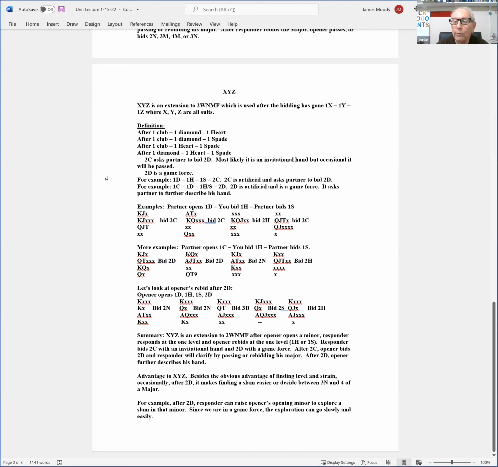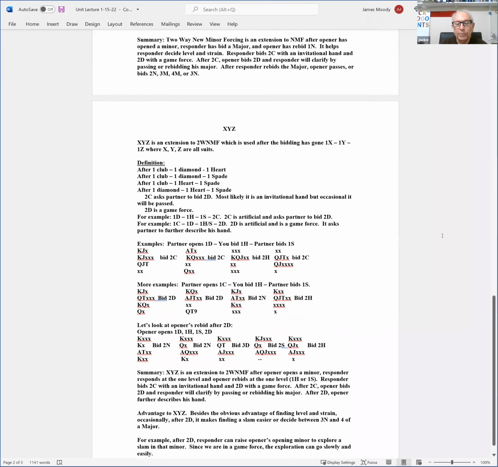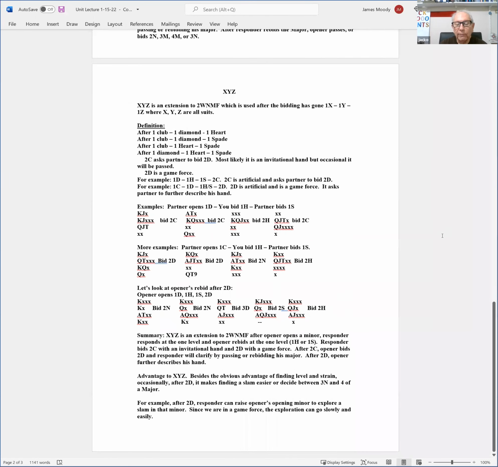All right, so why would one want to play XYZ or even two-way new minor forcing? There's the obvious advantage of finding level and strain. Occasionally, after two diamonds, it makes finding a slam easier. We'll decide between three no trump or four of the major. XYZ allows the partnership to start at the low level and explore level and strain.